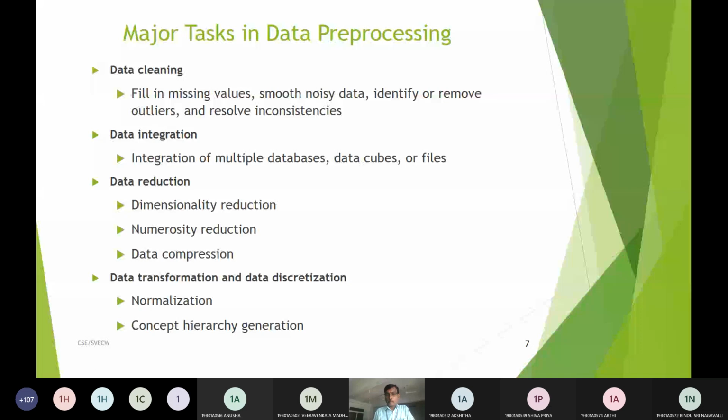How we are going to do this, we will discuss now. Similarly, integration. We will get data from multiple sources, that is from cubes, flat files, and databases, all put together. Similarly, data reduction. We are working on dimension reduction, where 100 by 10,000 is the size of a dimension, which we have reduced to 6. So it is a technique called dimension reduction.